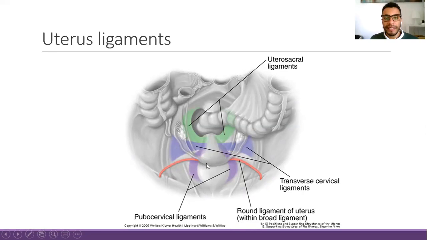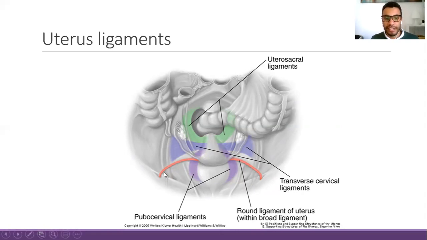There is another ligament in red that you see here, which is the round ligament of the uterus. The round ligament is within the broad ligament, remember that from the previous slide. It is the superior part of the broad ligament. The round ligament runs from the posterior superior aspect of the uterus and goes through the inguinal canal.